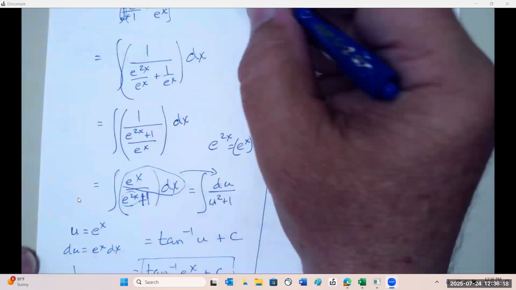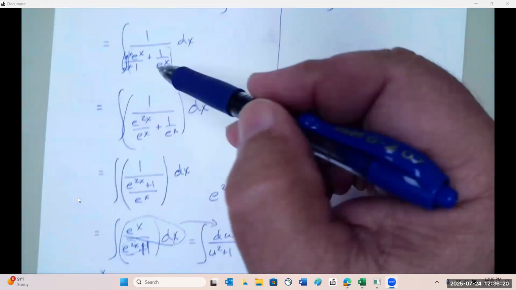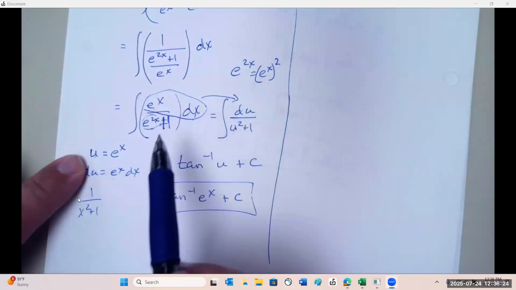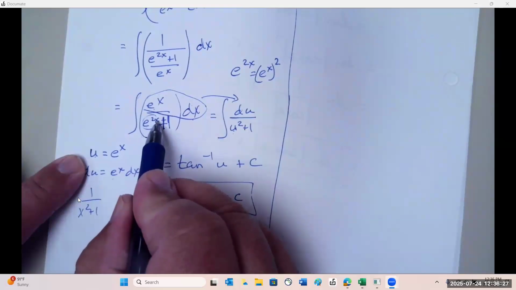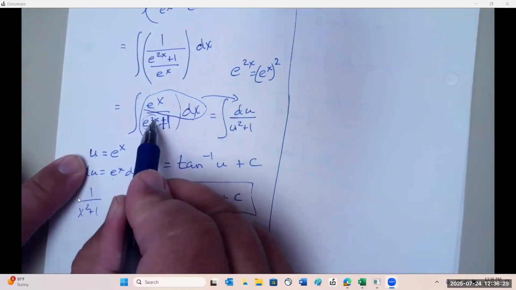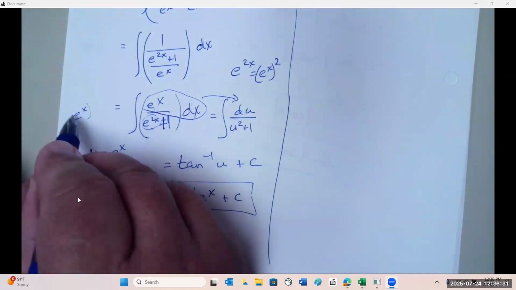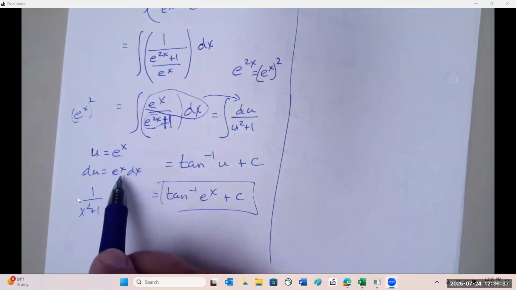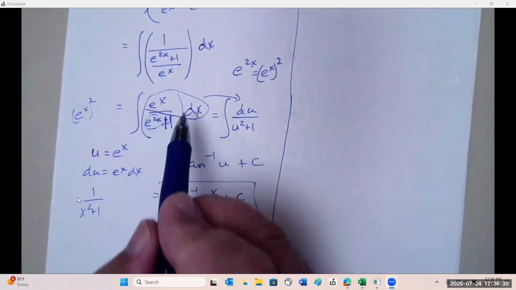So algebraically, we just fixed the bottom, simplified it, got it to this point. Highest exponent is 2x, because it's e to the x squared. So u is e to the x, derivative e to the x dx, which is what's on the top.